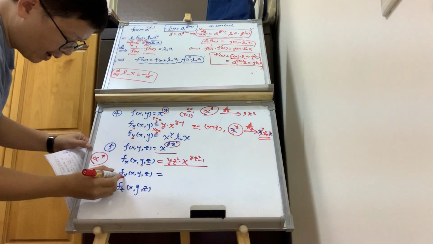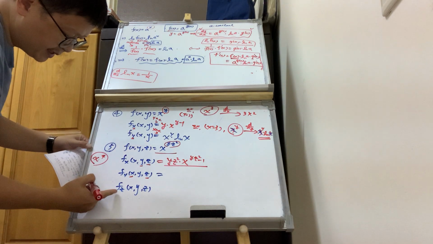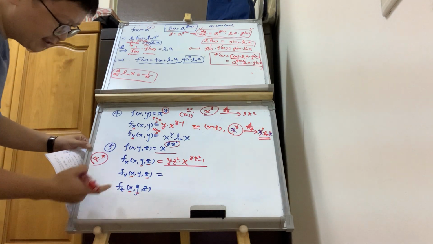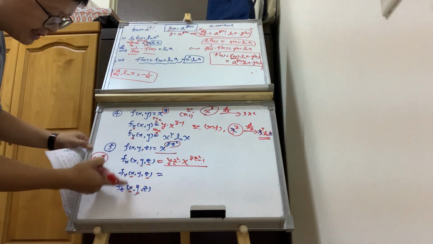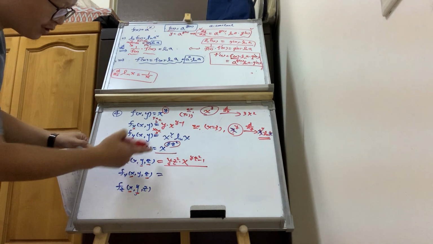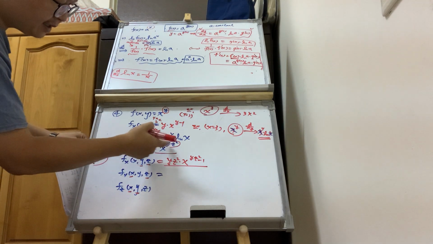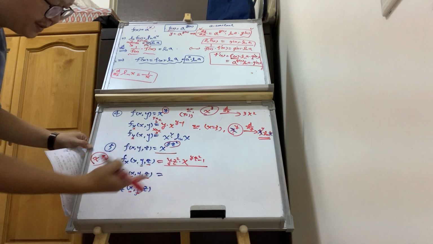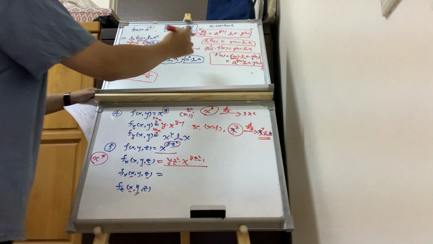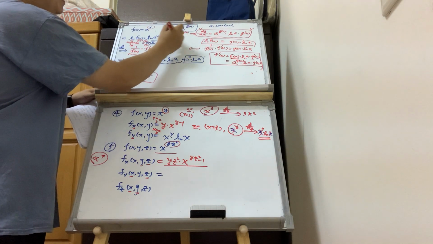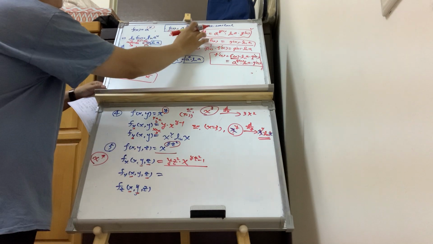If our variable is y, then x and g are constants. If our variable is g, then x and y are constants. So in these two situations, x is constant, and the variable is in the power, so it's something like this form. The base is constant, so in these two results we will use this formula.